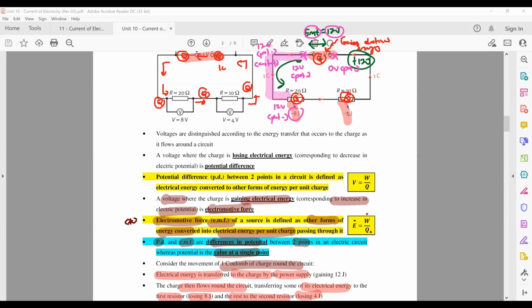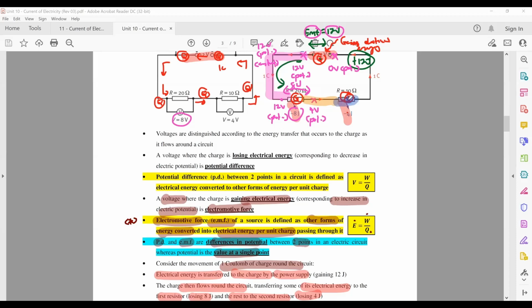Since here they say your PD is 8 volts, the difference between these 2 points is 8 volts. If this is 12 volts potential, the potential here should be 12 minus 8, giving you 4 volts potential. From here, since you didn't encounter any resistance, the potential is constant until you encounter another resistance, which is here.